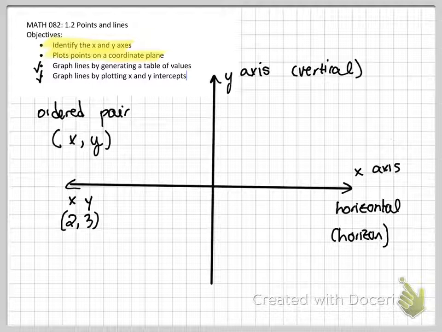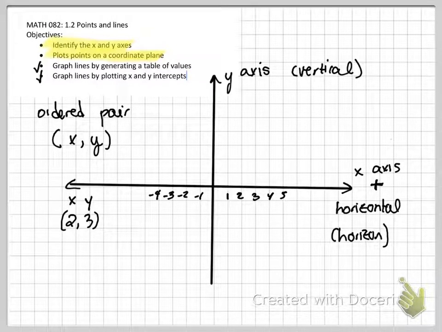If you go right, going right is in the positive direction. So we are going to number our axis. That's usually a good idea. Okay, and then over here, these numbers, as we move left, are going to become more and more negative.